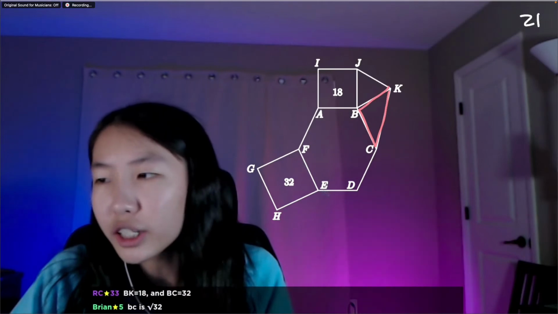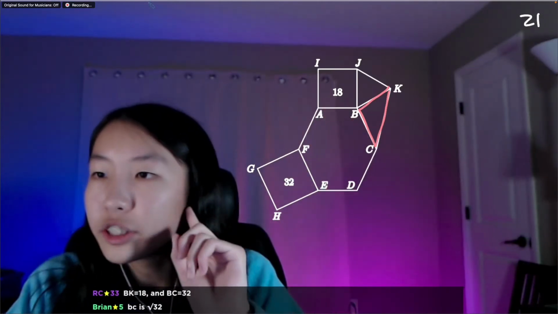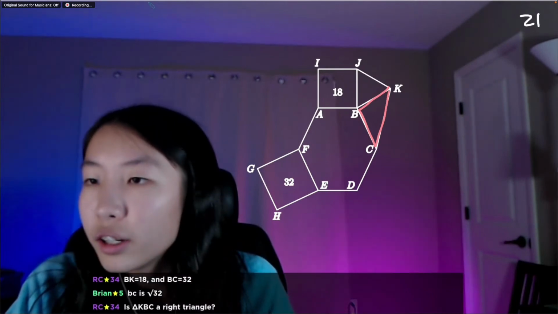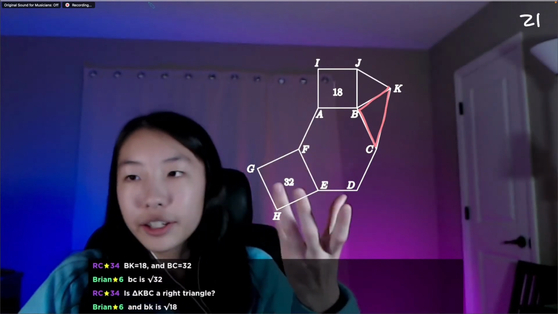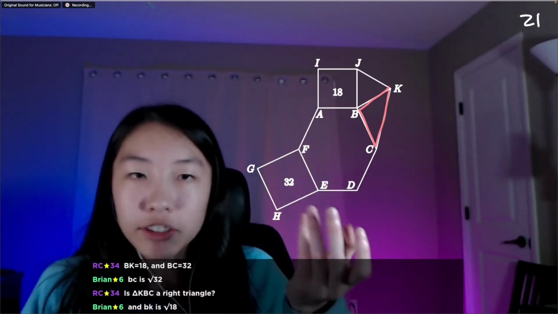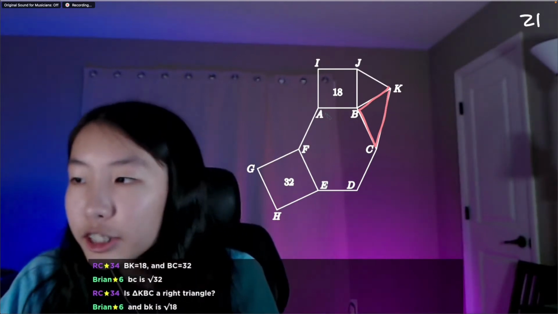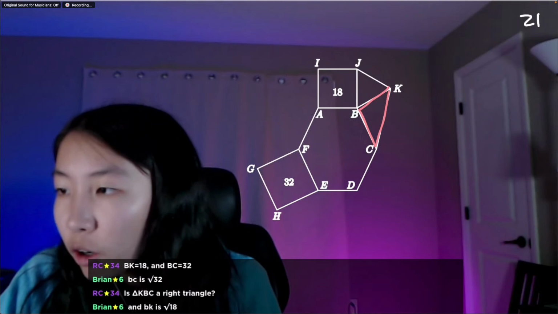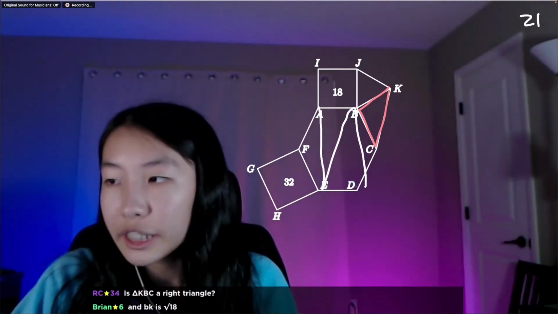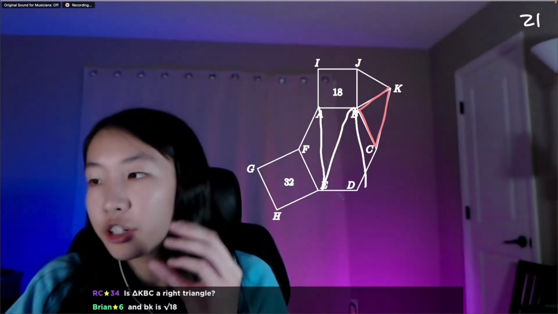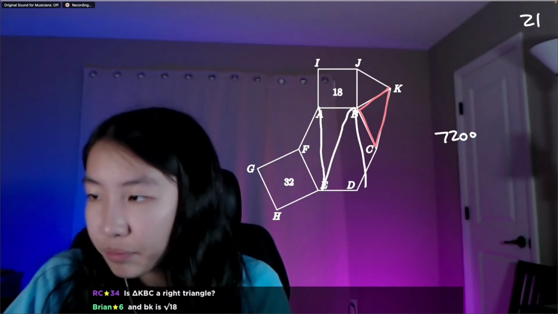What is the total angle sum in any hexagon? Think of it as splitting it into 1, 2, 3, 4 triangles. Each of them is going to have an angle sum of 180, so the total angle sum is 720.